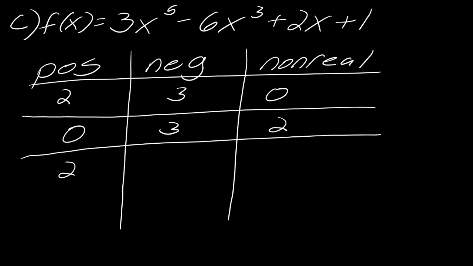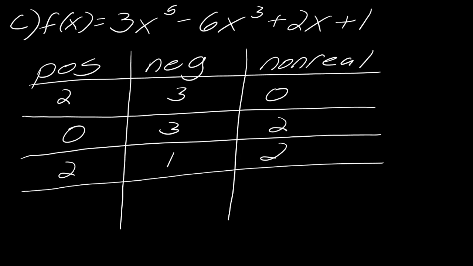Now I'll reset the positive column and take 2 away from the negative real zeros column and transfer them into the non-real, and now I need to do both columns together. So this would be 0, 1, and 4.